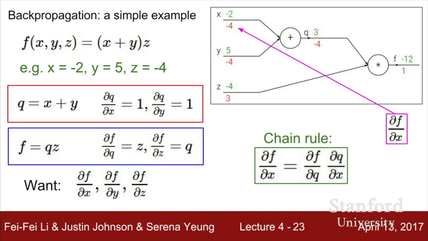So we said the value of q is going to be x plus y, which is -2 plus 5, and it's going to be 3. And we have z equal to -4. So we fill that in here, and then we multiplied q and z together, -4 times 3, to get the final value of f. And then the red values underneath were as we were filling in the gradients as we were working backwards.